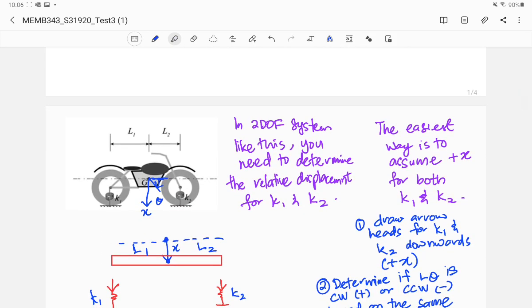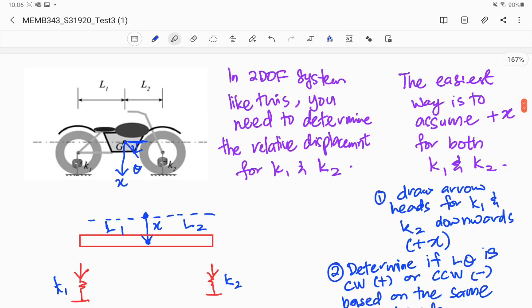I've drawn the figure here, so you can see that I've drawn x going down, to remind myself it is positive, and clockwise is positive. In this system, because a 2 degree of freedom system has relative displacement, before you can use the Lagrange equation, you need to determine the relative displacement for K1 and K2.